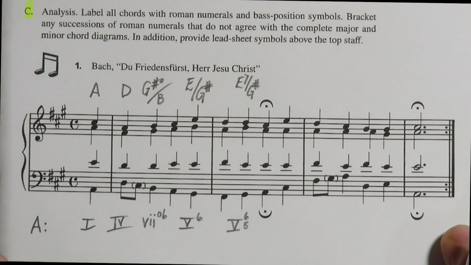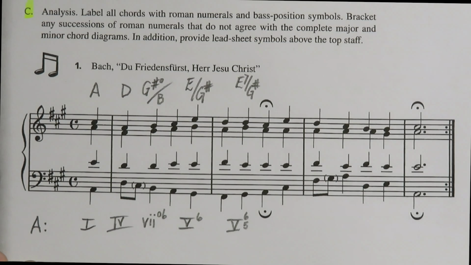Okay, remember the inversion symbols for 7th chords. Root position is 7, first inversion 6-5, second inversion 4-3, and third inversion 4-2. So 7, 6-5, 4-3, 4-2.